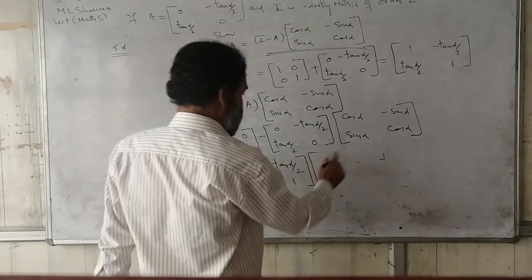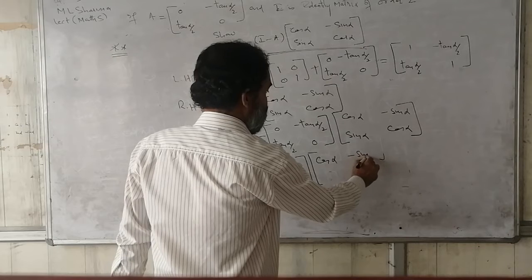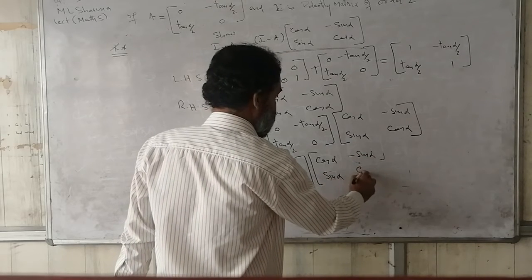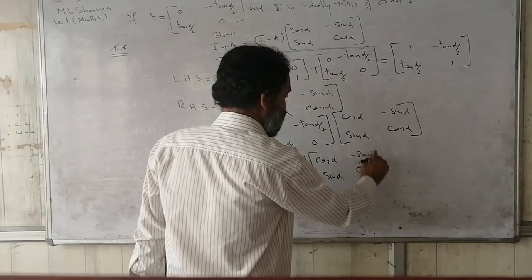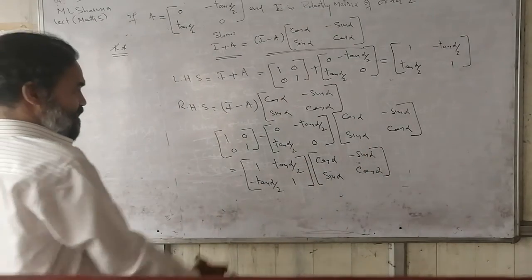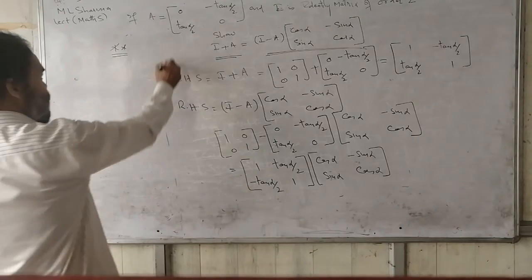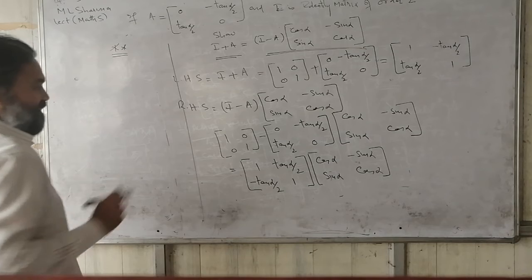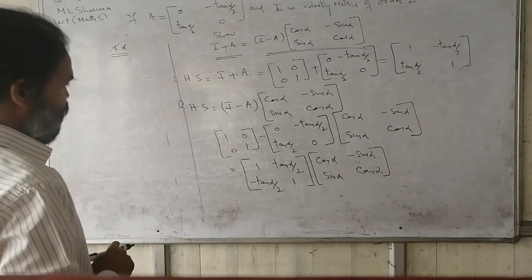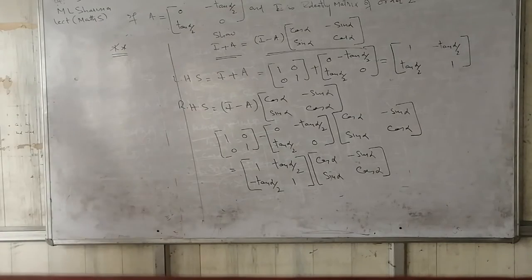So this is the matrix obtained by subtracting these two matrices. The next one is cos alpha, sin alpha, minus sin alpha, cos alpha. I will have to multiply these two matrices the same way as done in the previous exercise. It is row into column multiplication.